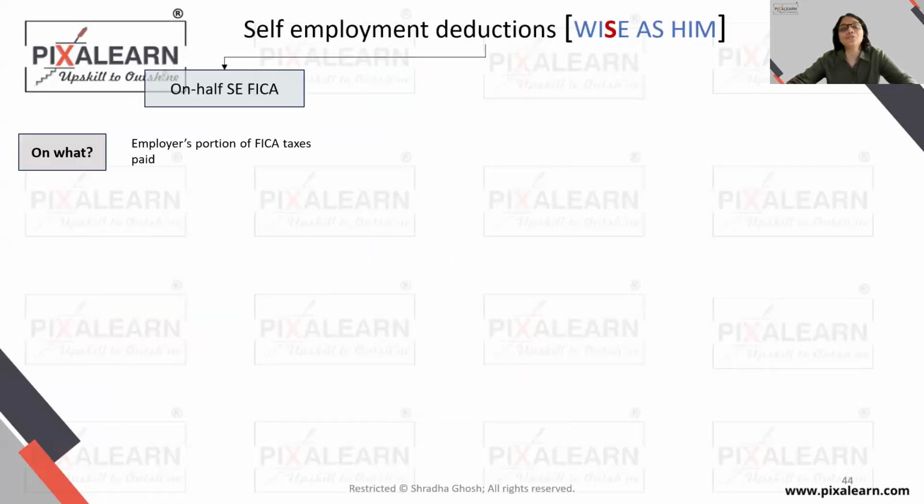But yeah, I will show this to you as a part of other taxes, where in FICA you have total 15.3% as your self-employment taxes. And if you're the employer and the employee, you have to pay full 15.3%. But if you're the employee, one half of that will be tax-free, right?